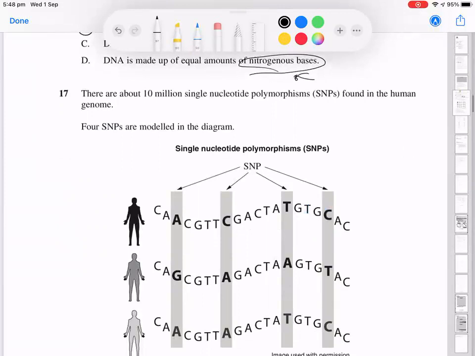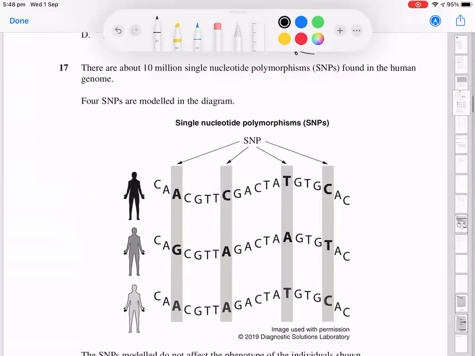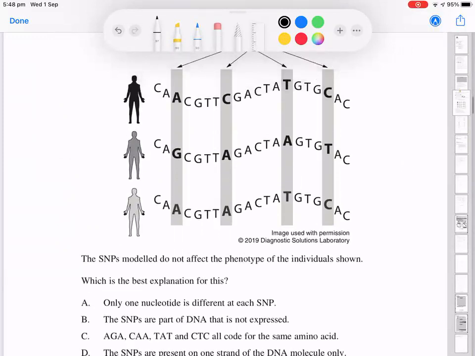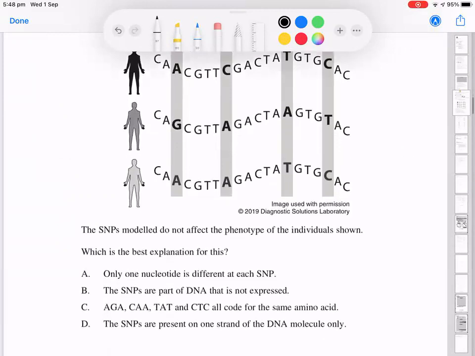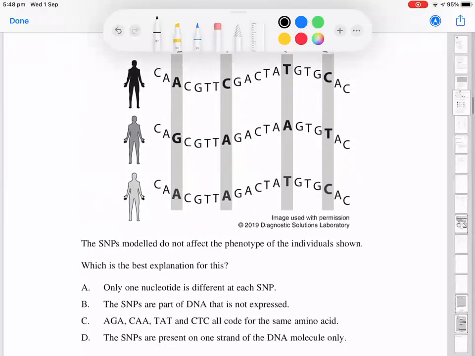So for question 17, we're looking at SNPs. So as you can see, 3 sequences and they're all the same. So we're after an explanation for why we don't see this. And whenever you see this sort of question, we're going to be looking at the idea that the SNPs are part of DNA that is not expressed.